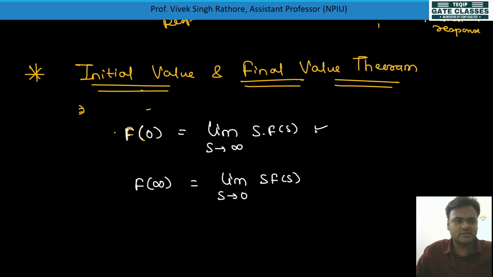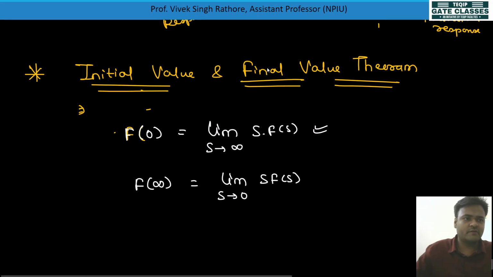For this theorem to be valid, the numerator portion should be less than the denominator portion. This was the condition. And for the final value, the condition was that the poles of sF(s) should lie in the left half of the s plane.